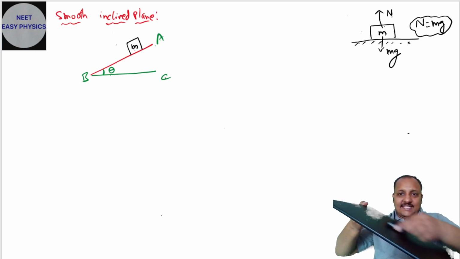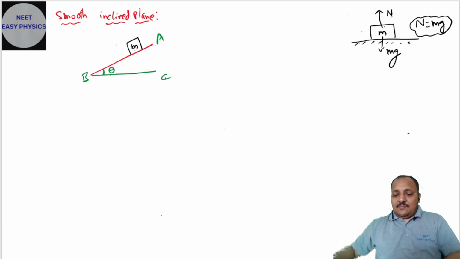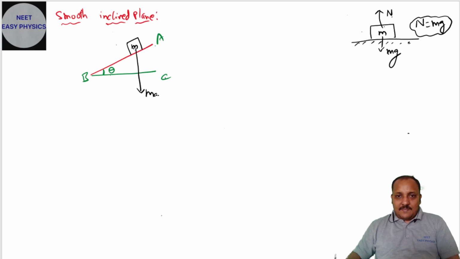So now force is acting in this direction, along the inclined plane. How much force is acting in this direction, we are going to find by resolving the weight. Resolution of a vector into two components, as we said. Weight always acts downwards. If you resolve the weight vector into two components, this theta and this theta are always equal.